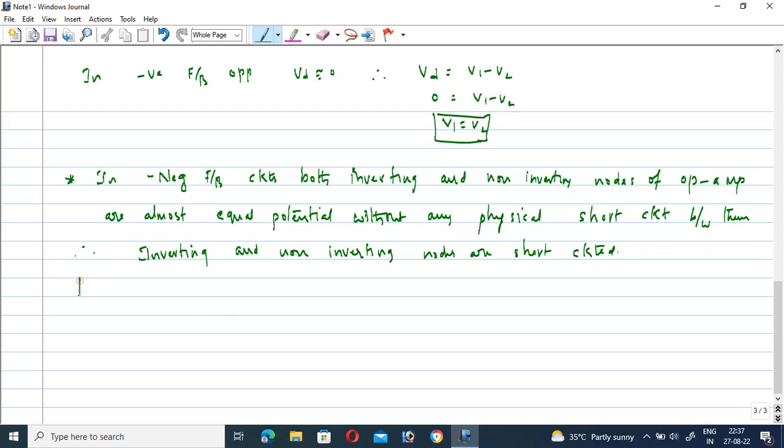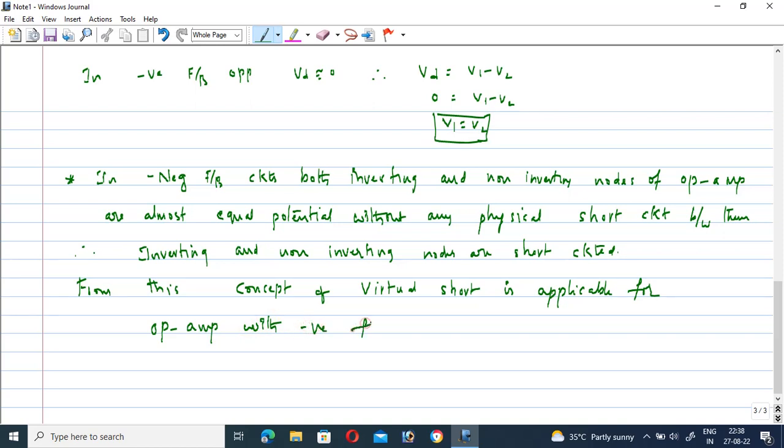Therefore, the concept of virtual short is applicable for op-amps with negative feedback.